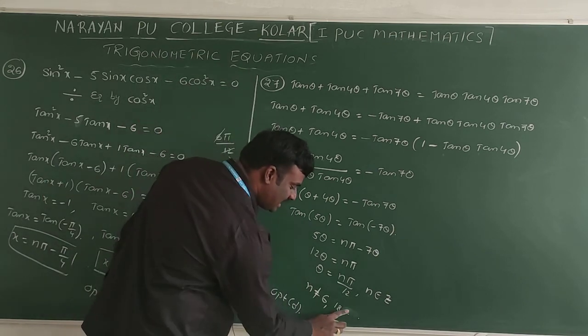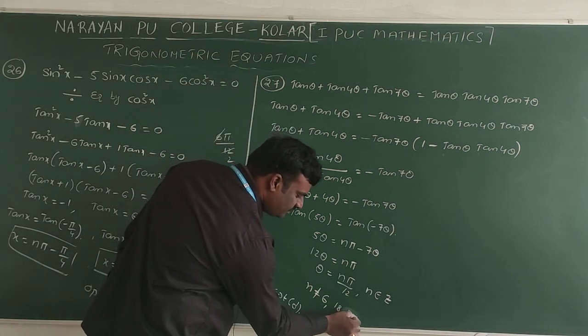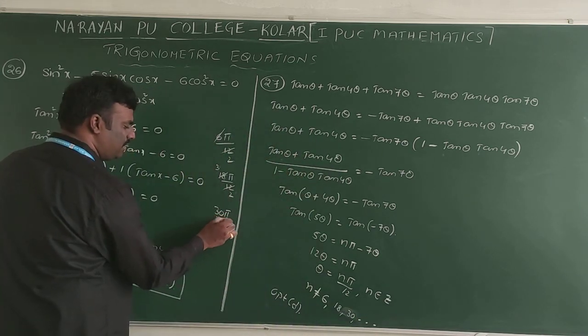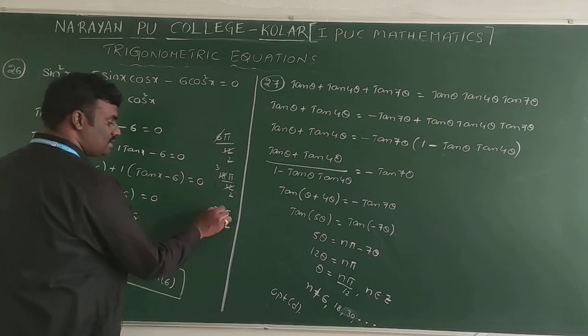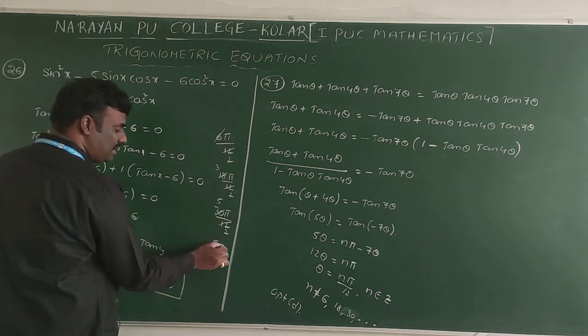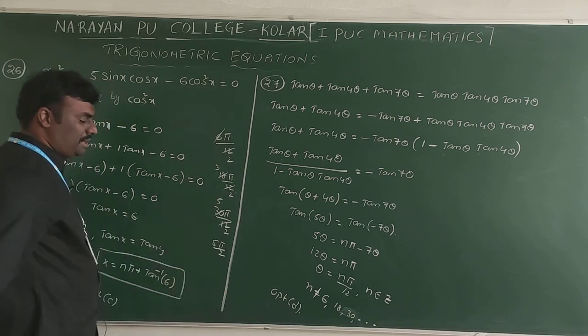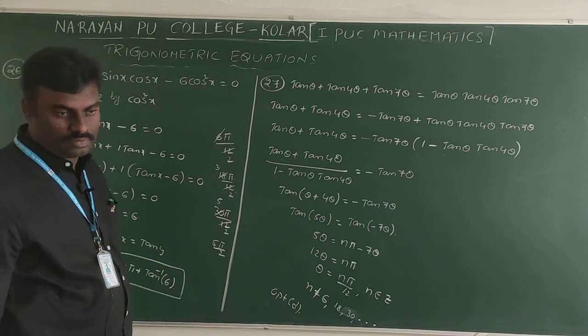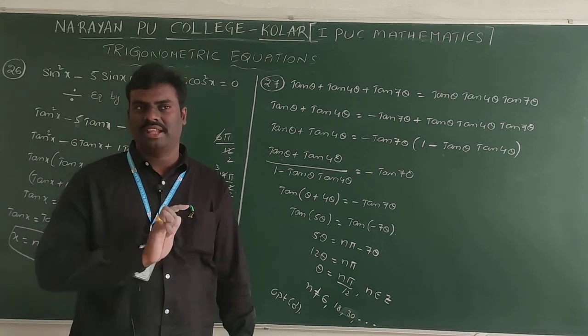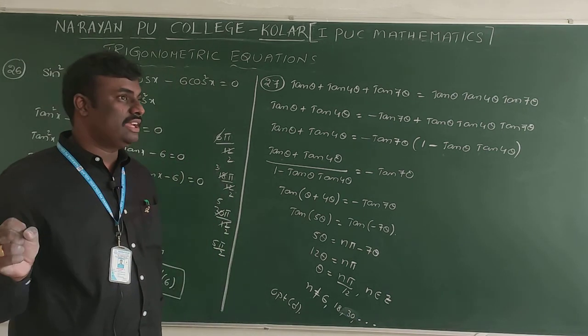If you take 30, substitute 30 pi by 12, 6 fives are 30, 6 twos are 12. Again what you will get? 5 pi by 2. Tan 5 pi by 2 is also infinity, that's why don't take all of these. That's why don't take the first option.